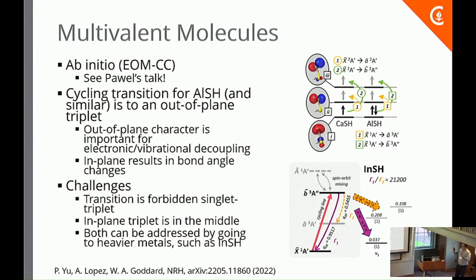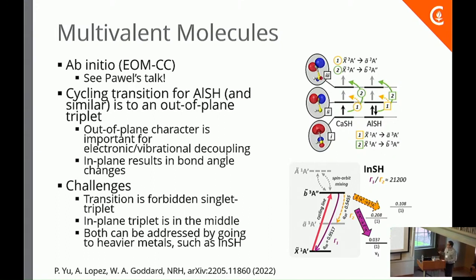Although, if you've been paying attention, those are maybe not so bad if you have a positive attitude. You can maybe even use them for stuff. But you can also make both of these problems much better if you go to heavier metals. For example, with indium SH, spin-orbit mixing makes this line a lot stronger, and it pushes the energy levels around so that these bad leakage channels get weaker.